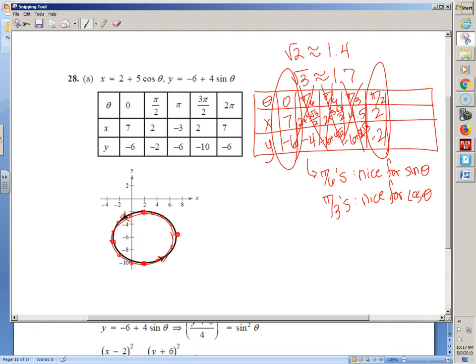You just would have had tons more points. And you would have had little decimal ones, like at negative 4 was your y. 5 times 1.7 would be 8.5 over 2, so 4.25, 6.25. You would have just had all these nasty decimals.